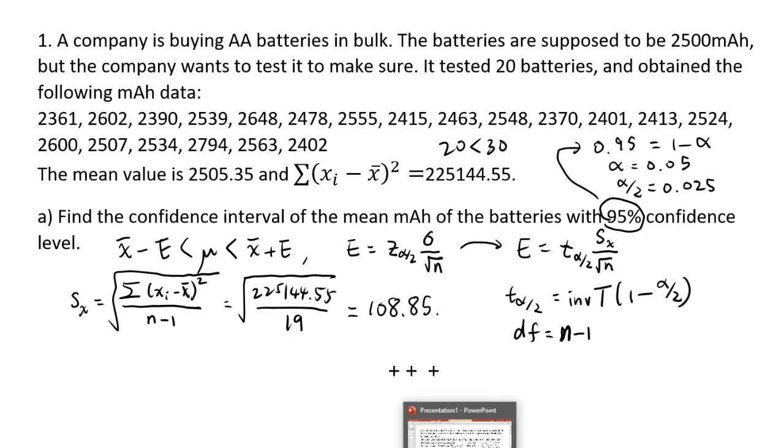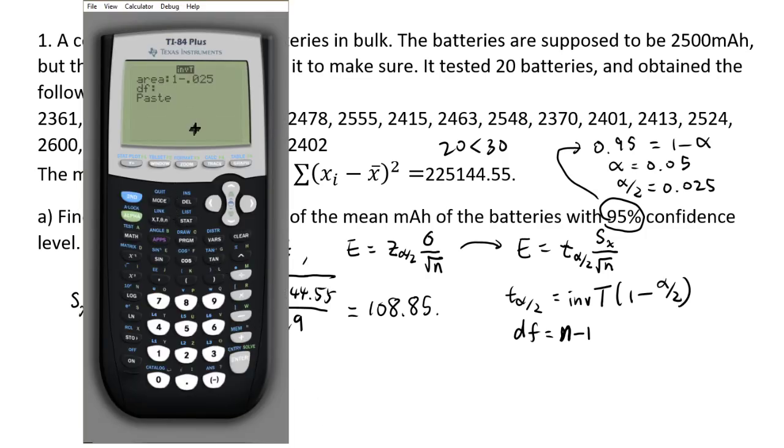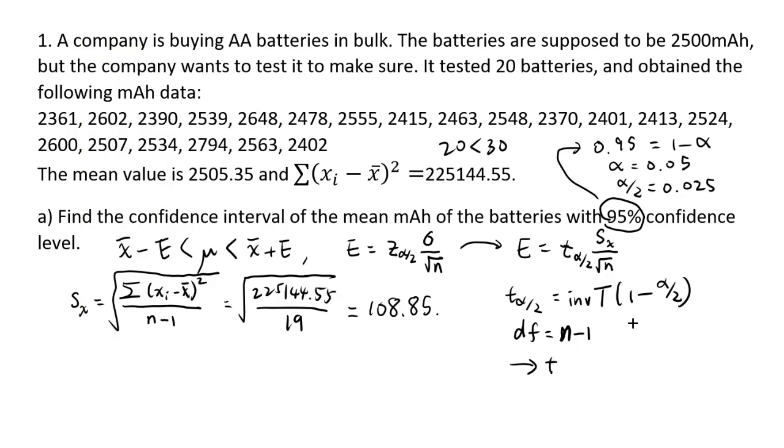All right, so going back, we have to put 19, because 20 minus 1 is 19, and if we paste, we get the value of 2.093. So we see that t alpha over 2 is 2.093.